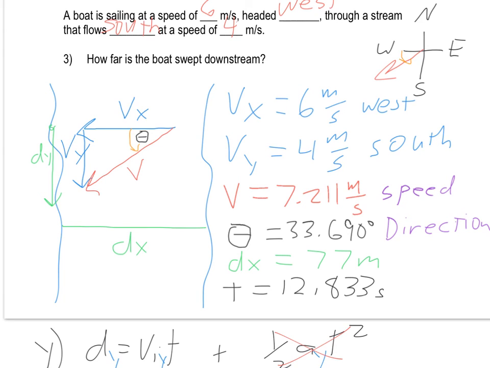So if I just add that to the 33.690 degrees, that direction would be 33.69 degrees south of west. And there we go. We've got a complete description of this boat sailing across this stream, getting swept downstream by this current.